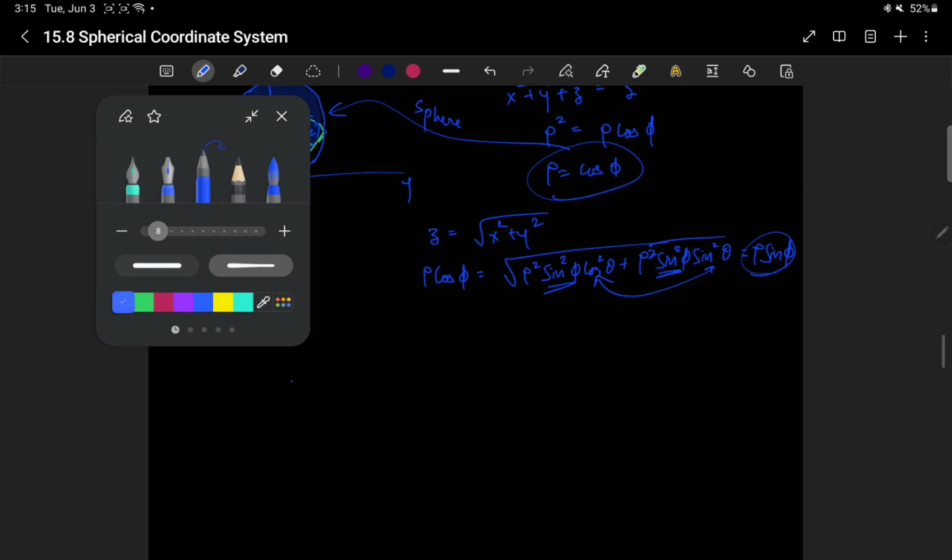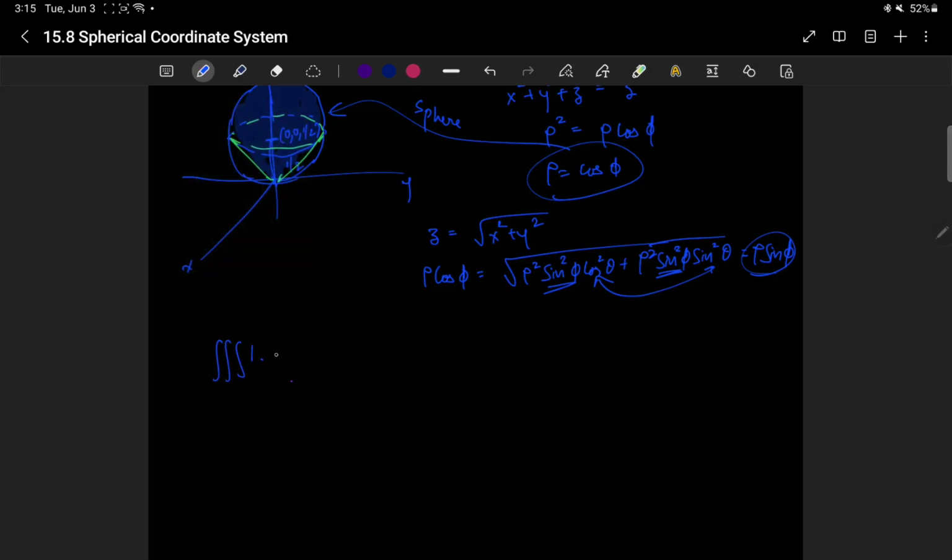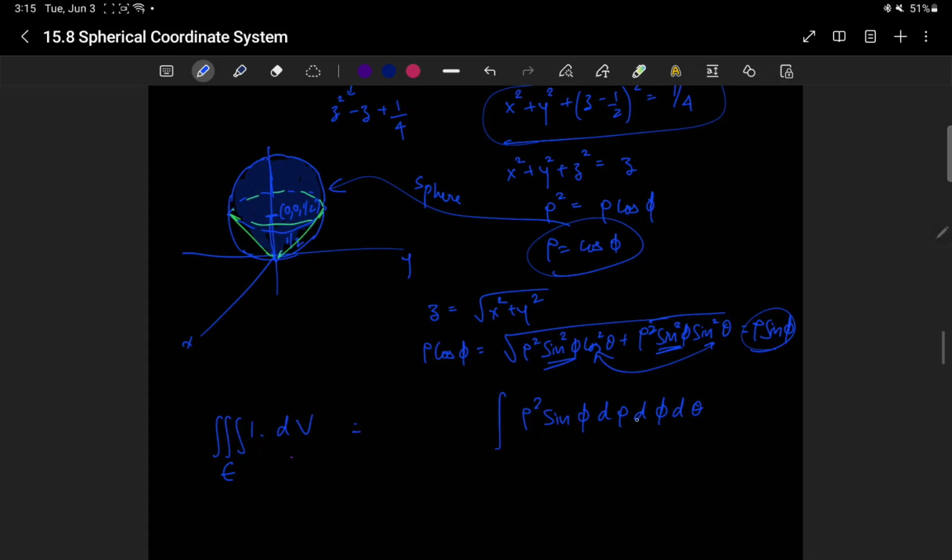Now we know that when we are finding volume using a triple integral, it's just 1 dV over E, but we are using the spherical coordinate system. So the 1 remains the 1, but we have a rho squared sine phi d rho d phi d theta. Now what are the limits?